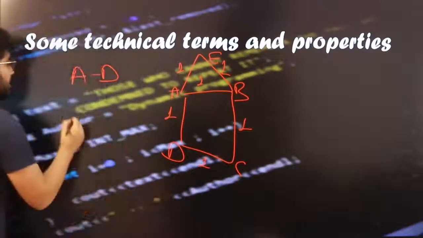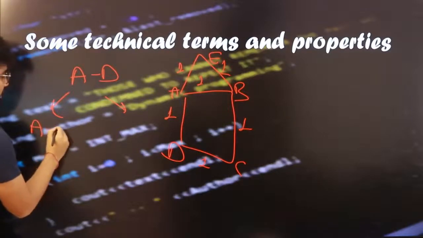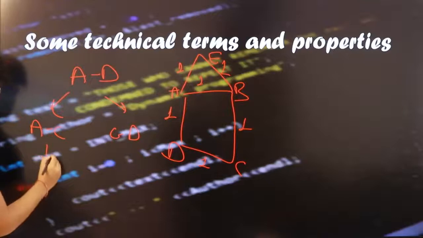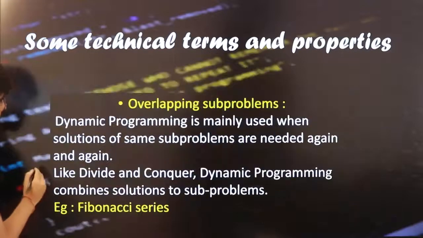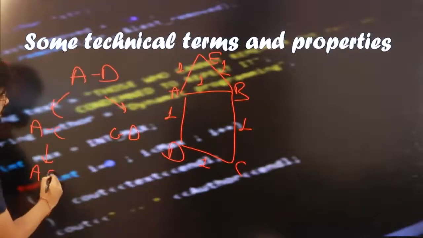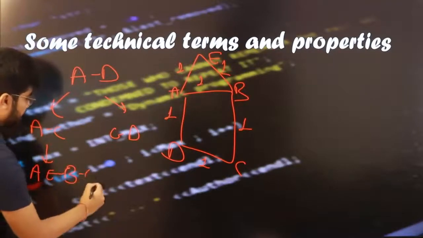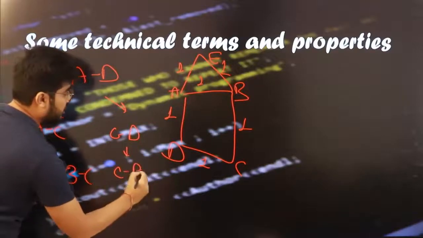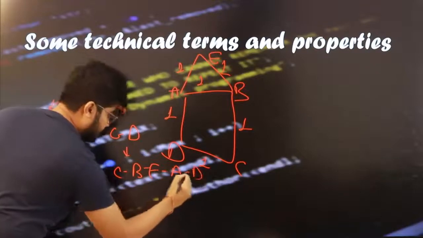We divided it into two subparts, A to C and C to D. For A to C, we find the largest path, one of them will be A to E to B to C. And from C to D, the largest path will be C to B, E, A, D.